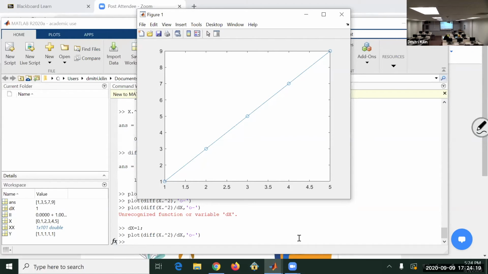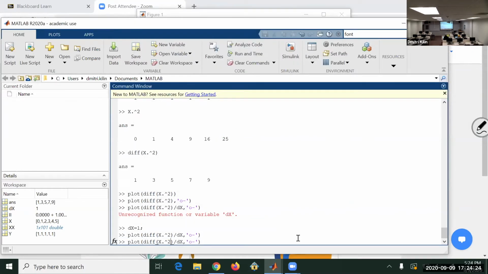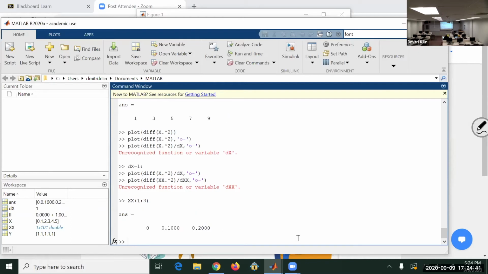Now, if we are going to apply this to the double x, we need to check x. Maybe look at the very first few elements. They are offset by 0.1.